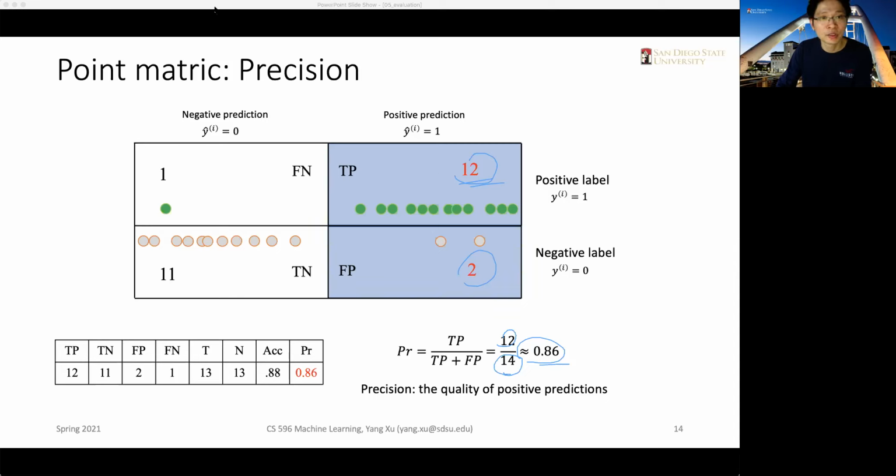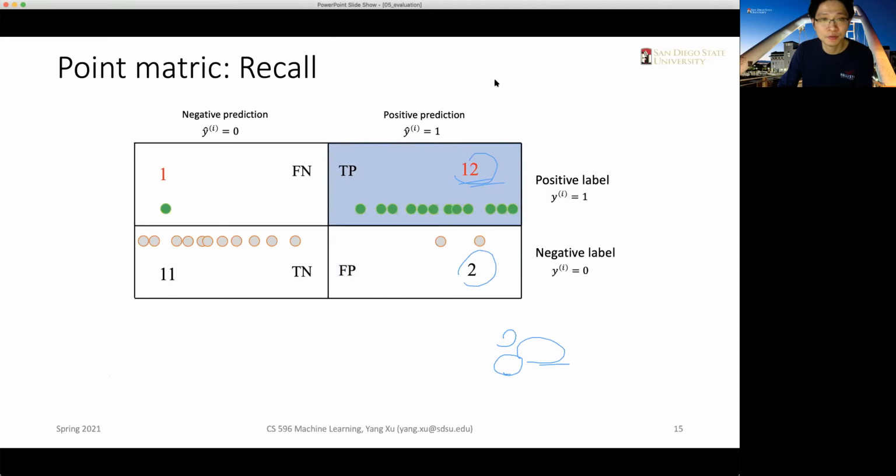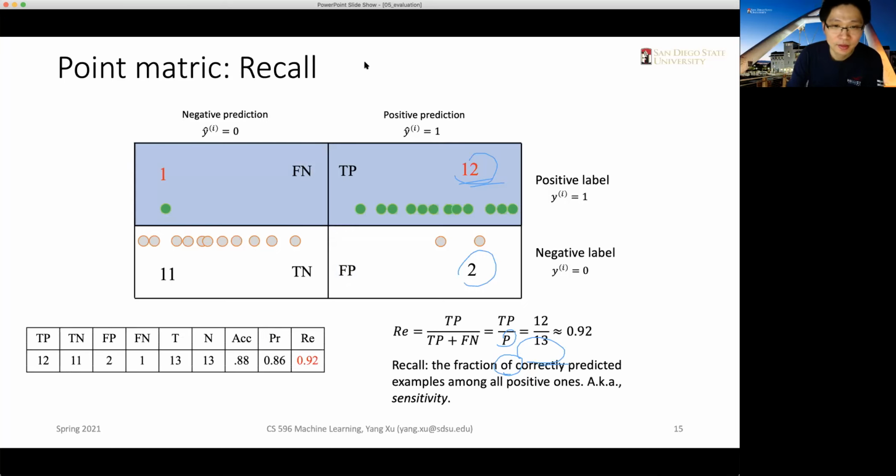Now we're going to look at a second quantity, which is recall. We should look at these two quantities at the same time. Recall, on the other side, is defined over the first row. It's basically the ratio of the true positive, the first region, over the summation of the first row.